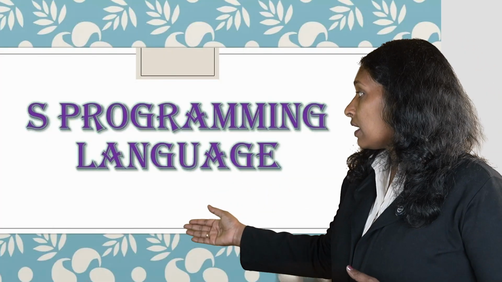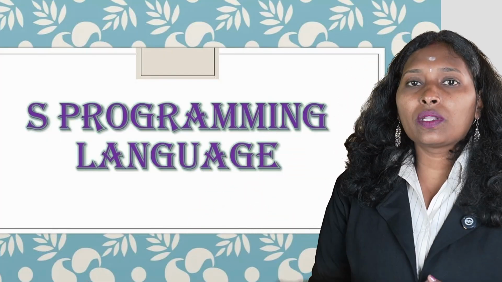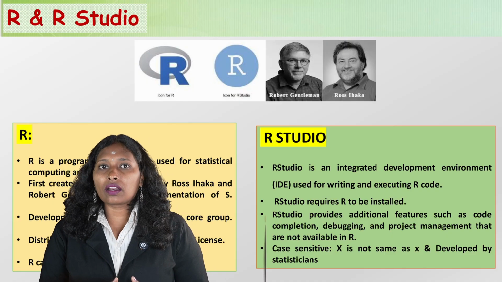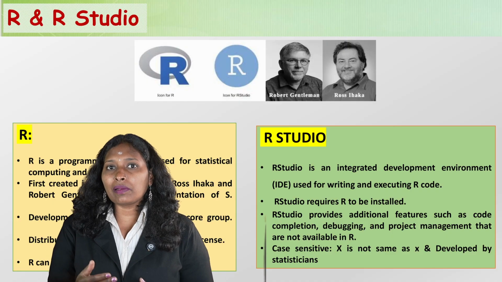Starting way back in 1976 with the S language at Bell Labs, which actually inspired R, and then in 1991, Ross Ihaka and Robert Gentleman developed R, followed by its public introduction in 1993.